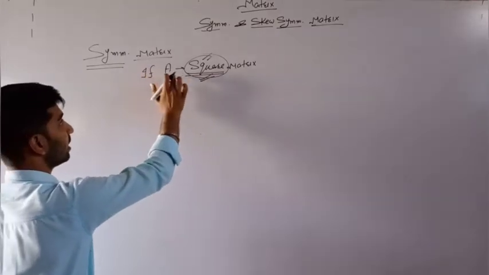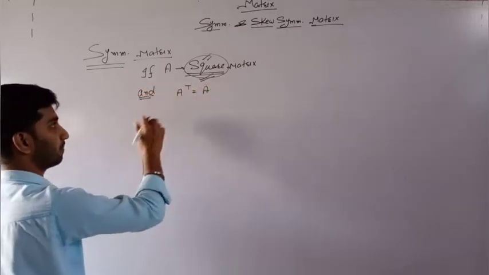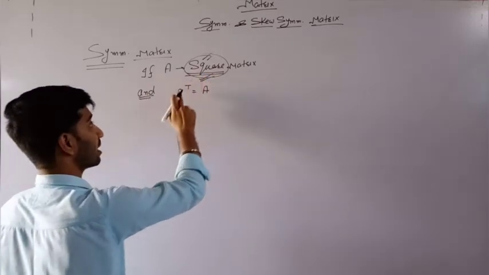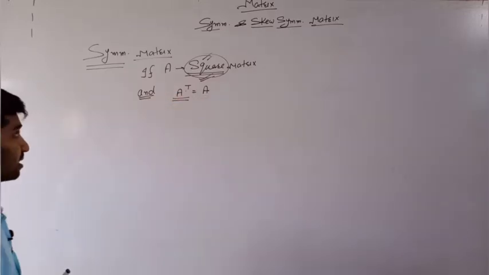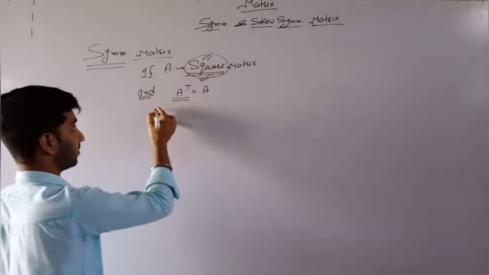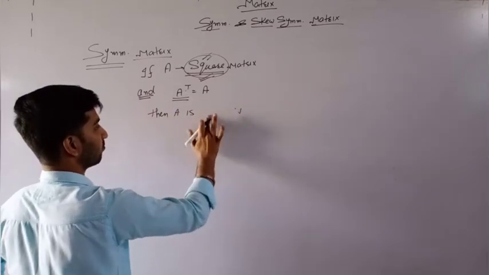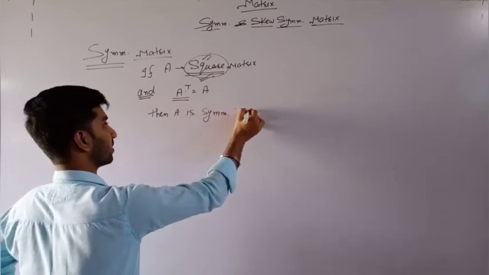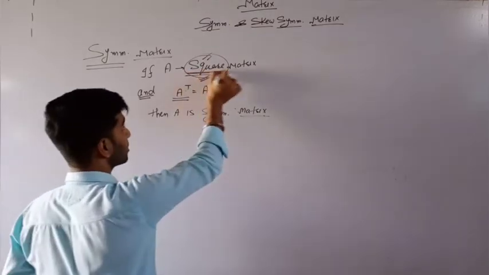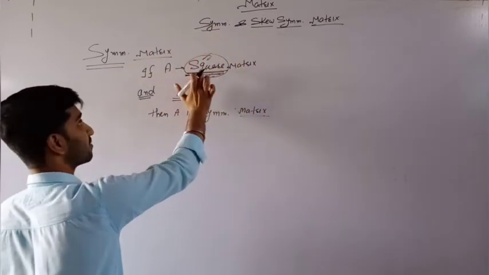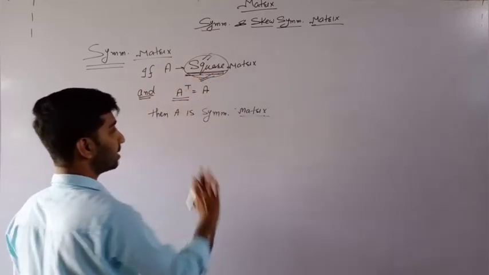If A is a square matrix and A transpose is equal to A, that means we have a square matrix and we found its transpose by interchanging rows and columns of the matrix. We found the transpose and the same matrix came back. Then A is a symmetric matrix. If A is a square matrix, which is the most important condition for symmetric and skew symmetric, and transpose of A is equal to A, then A is a symmetric matrix.